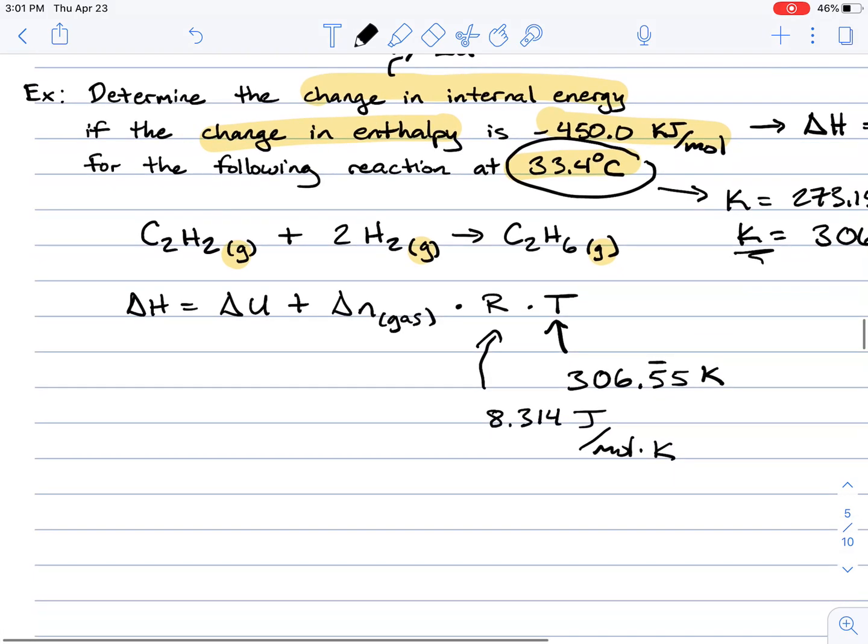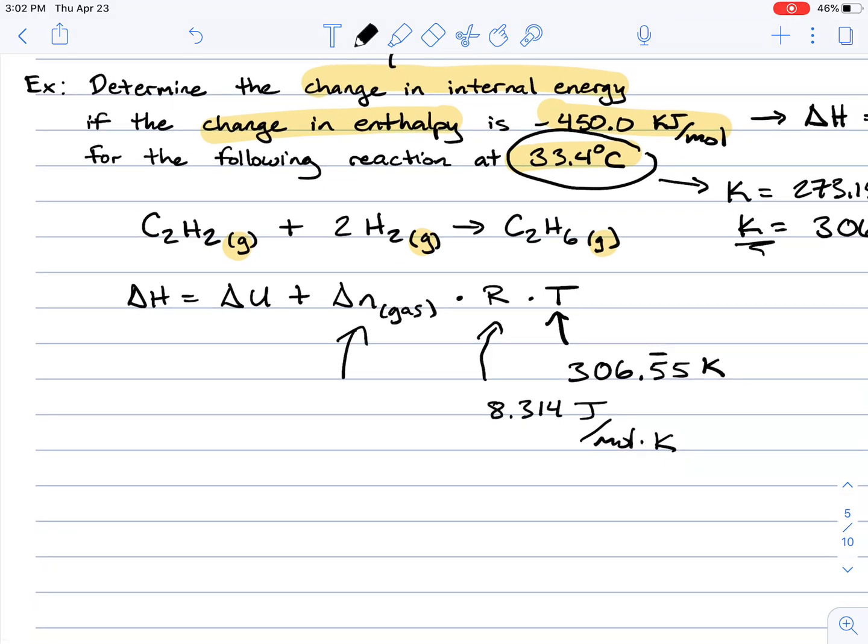All right, so let's go ahead and talk about delta n, the moles of gas. Very similar to a previous equation that you guys used in the equilibrium chapter. The delta n, or the change in number of moles of gas, can be grabbed from the coefficients of your balanced chemical equation.